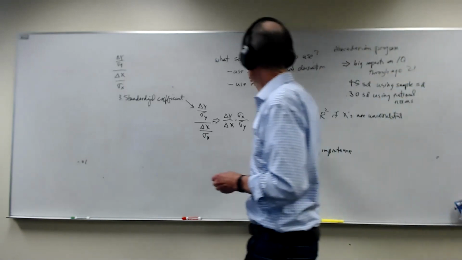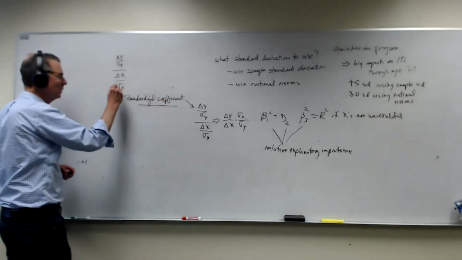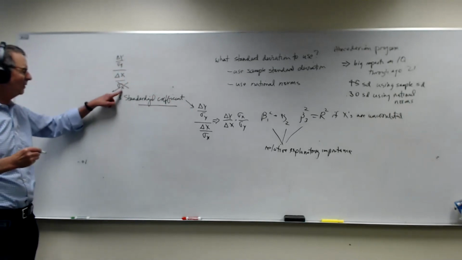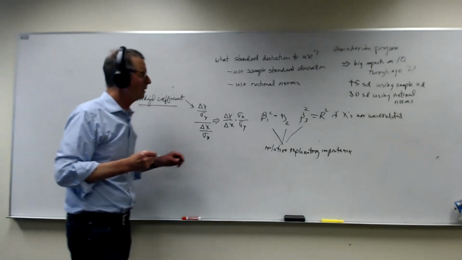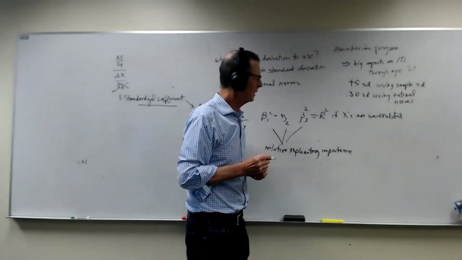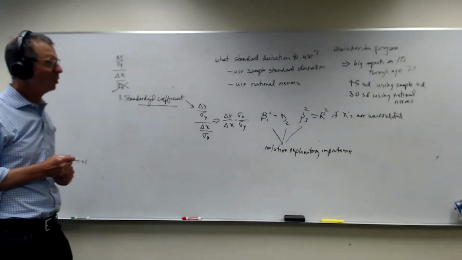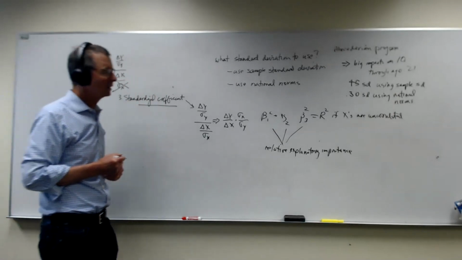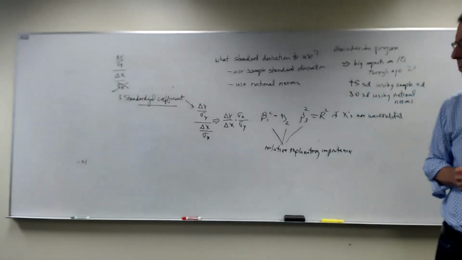So standardized coefficients aren't very good when you've got an experiment, because it doesn't make any sense to divide by the standard deviation of x. And they can be misleading if you don't pay attention to what standard deviation you're using and whether in fact it's a meaningful standard deviation.